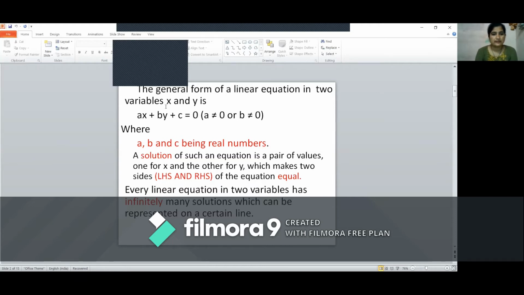That is ax + by + c = 0, where a is non-zero or b is non-zero. It means a and b should not both be equal to 0 at the same time, and a, b, c are real numbers. Then we can say the given equation is a linear equation in two variables.